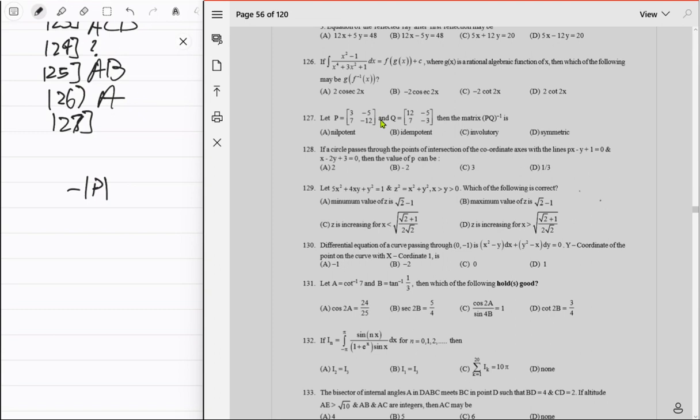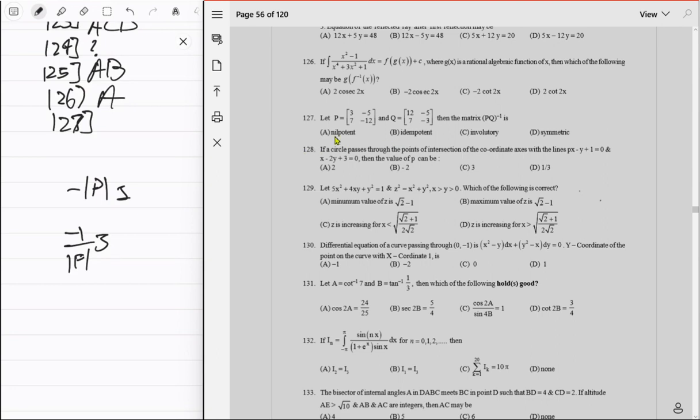Then its inverse, I guess you can just do it like that. Whatever it is, PQ inverse is what? Just negative 1 upon determinant of P, and then it's identity matrix, of course. If you multiply these, what do you get? You just get the identity matrix itself, right? So this matrix is what? I mean, it's a scalar matrix.